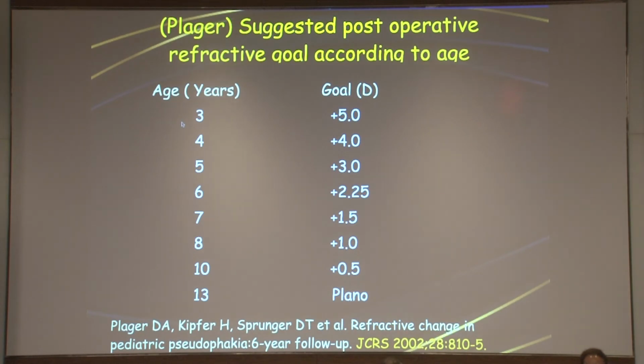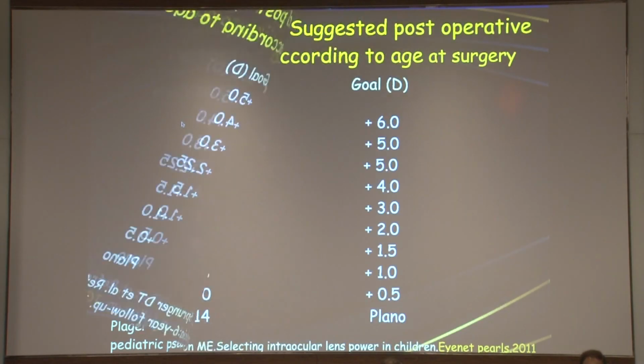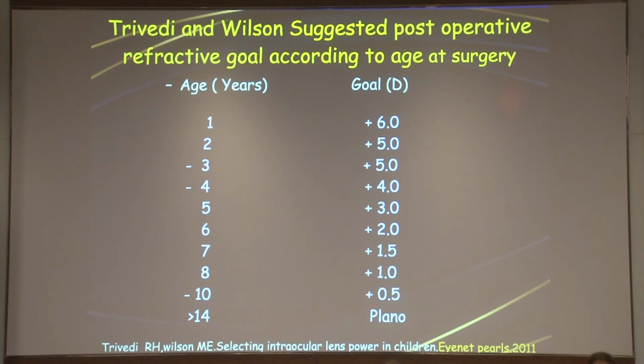And the real challenge comes in children less than 1-2 years of age. So Dr. Rupal Trivedi, Dr. Ed Wilson and their group studied children even less than 2 years, so 1 year and above. For 1 year, they suggest a target refraction of +6, reducing as time goes on.